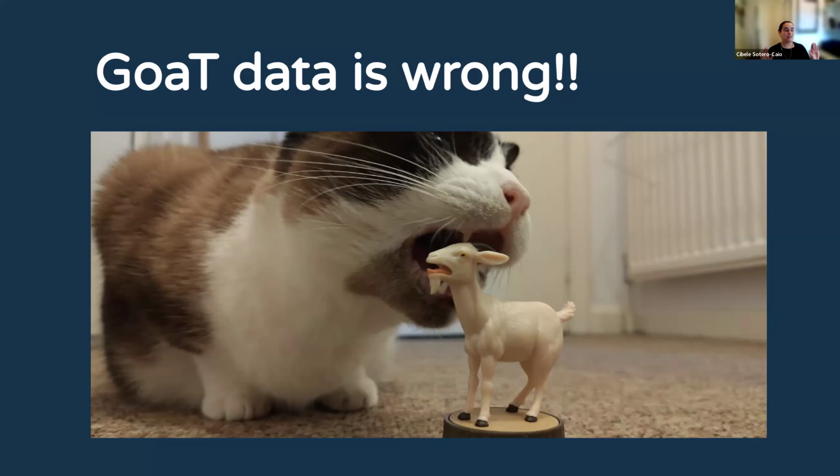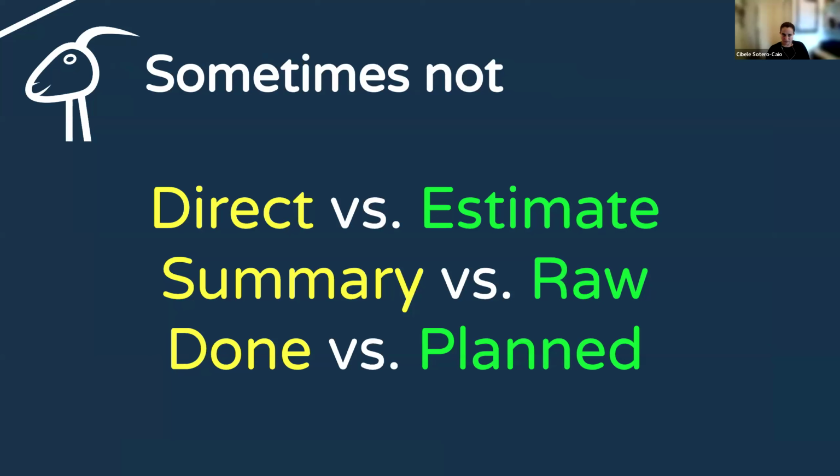And some people really hate it when the data is wrong, right? There are two different things. One is the data is really wrong, in which case I really need to know about it. And the other situation is maybe are you sure the data is wrong, or are you looking at the summary, or are you looking at an estimate or something else, right? So sometimes it is not wrong.